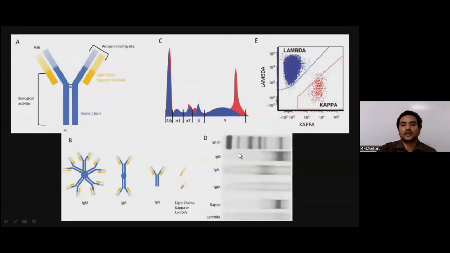The lower diagram shows protein electrophoresis and immunofixation. Immunofixation, IFE, in diagram D, lets us characterize the monoclonal spike. Here you can see a band in the IgG and kappa regions, so this is IgG kappa, and diagram E shows more lambda than kappa. This is also an immunological separation.